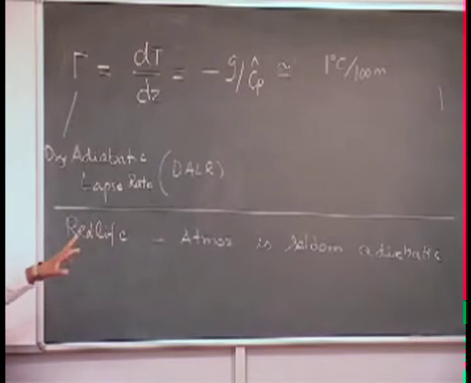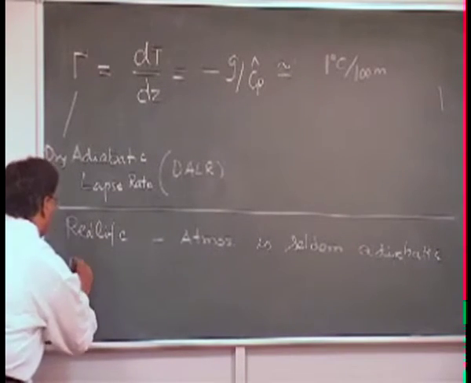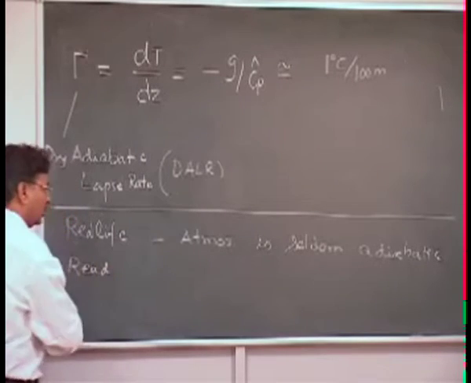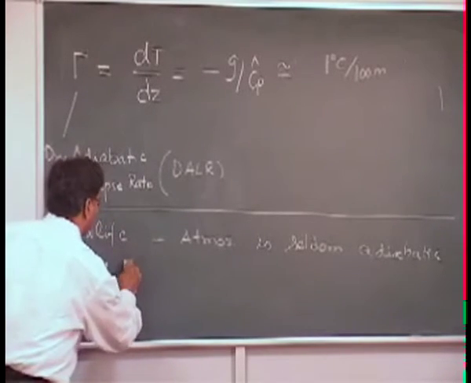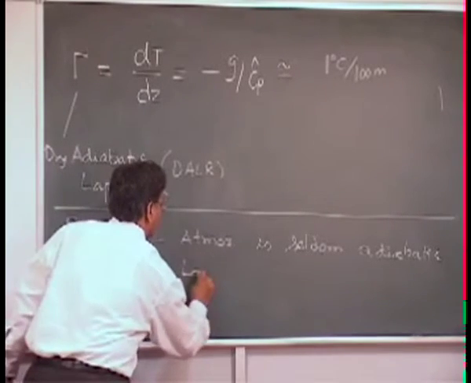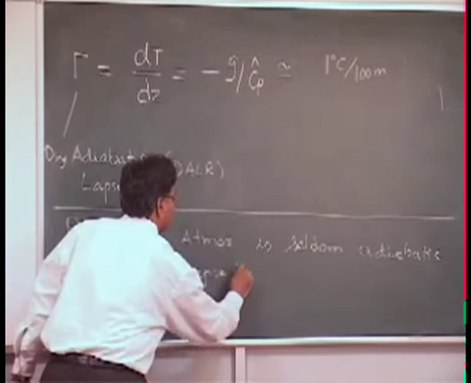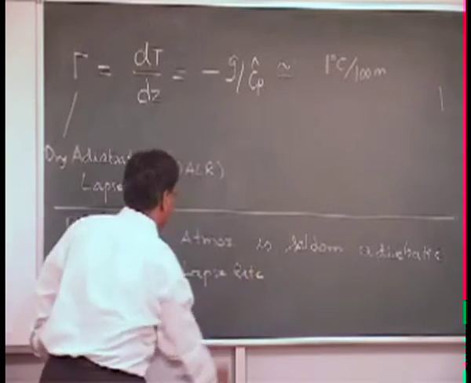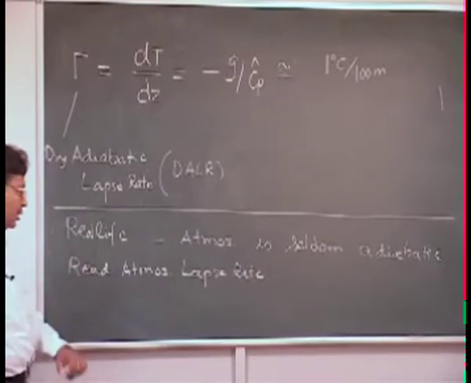This atmospheric lapse rate we call the environmental lapse rate, the real atmospheric lapse rate. Real means actual at the time whenever you are considering.